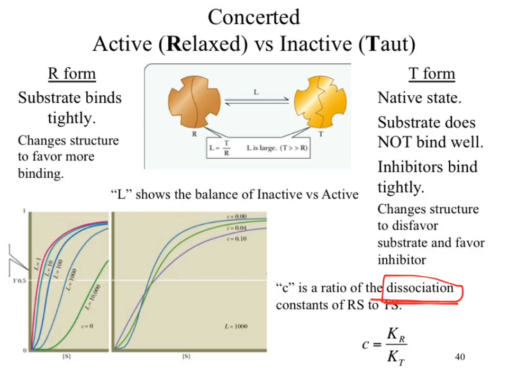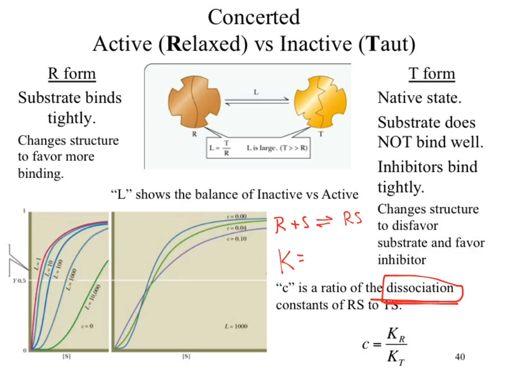So what is the dissociation? Let's pick, say, R plus S goes to our RS. Well, our dissociation is the reaction coming apart. Okay, so when we calculate a K value, it's always products over reactants. Well, if we look at this equation, what's our product? RS or R plus S?